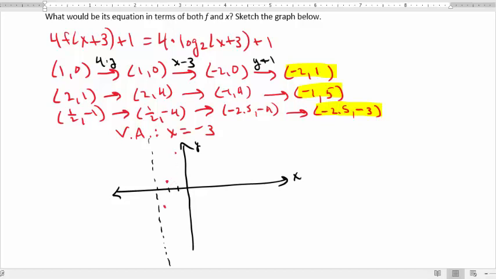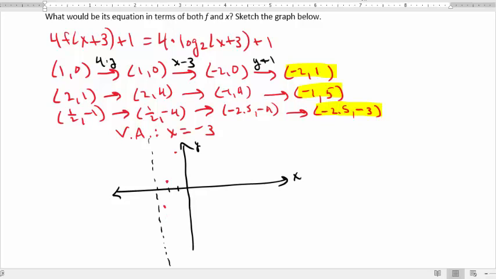So you can see it still has the same basic shape as the normal logarithmic graph, except mainly the things that happened here are it got shifted left 3 and it got vertically stretched. So that's why it's steeper than the normal logarithmic graph, right? The normal logarithmic graph is actually pretty flat, right? This one is actually quite steeper because it was a vertical stretch by a factor of 4.